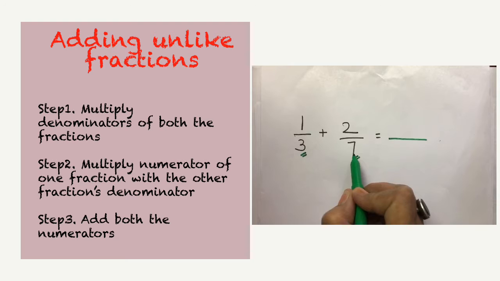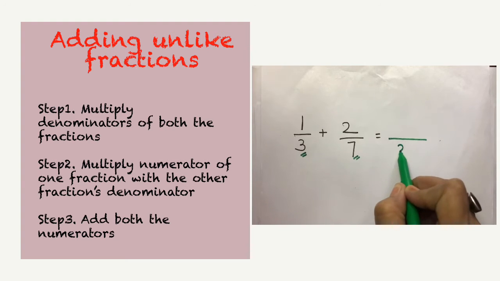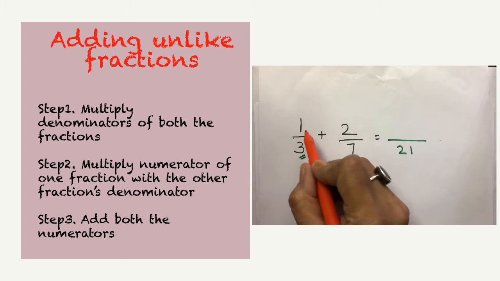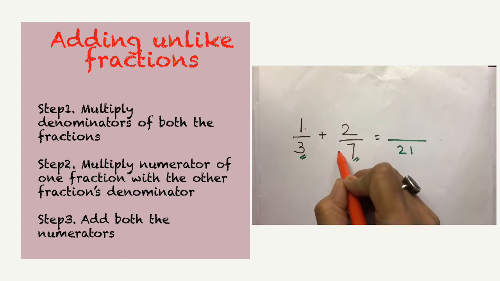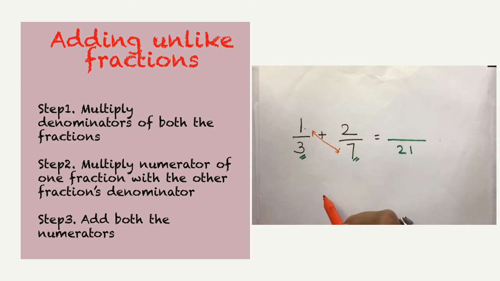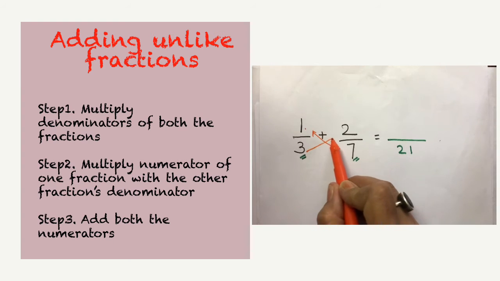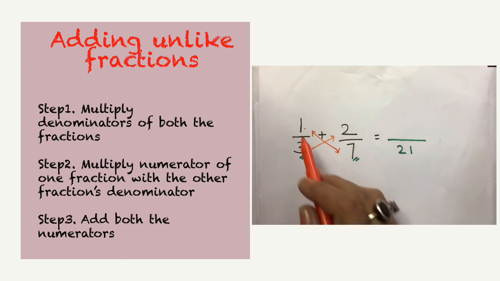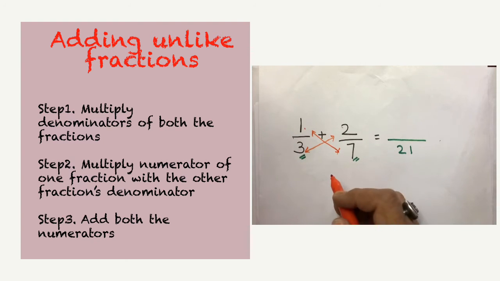So 3 7s are 21. And now I will multiply this with this and this with this. So diagonally I'll multiply the numerators with these numbers.